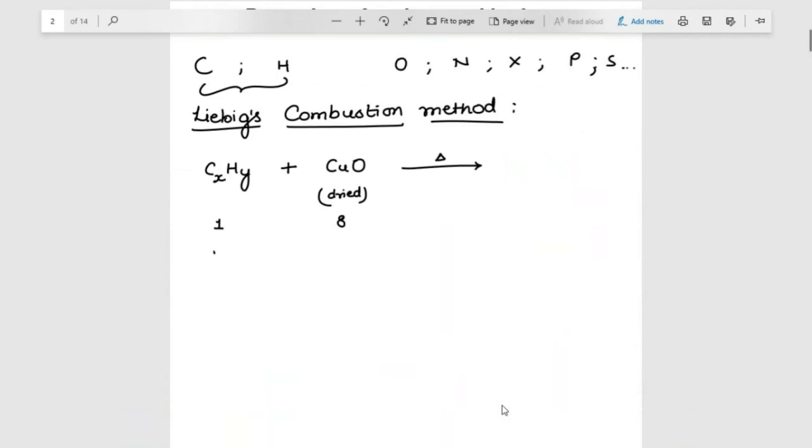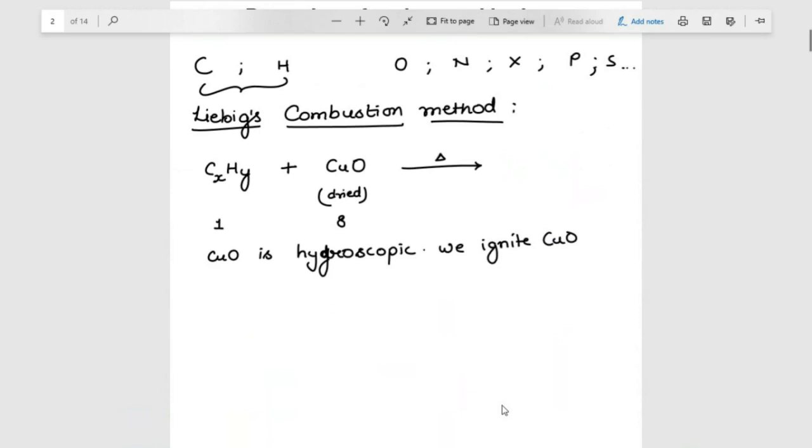The second care we take is that CuO is hygroscopic, that is, it absorbs water. So before introducing CuO into this mixture of 1:8 composition, we first ignite the CuO.